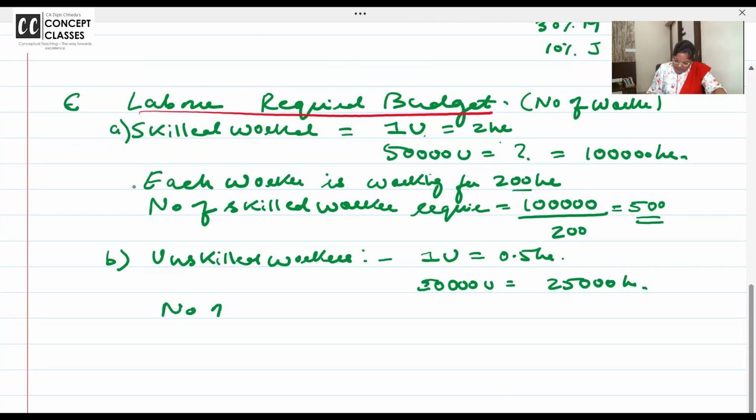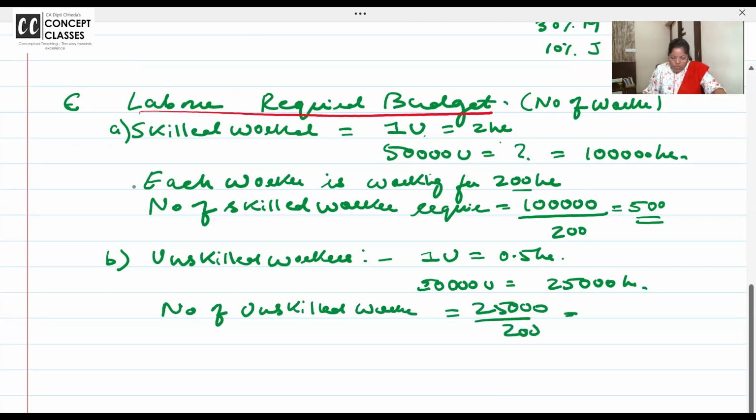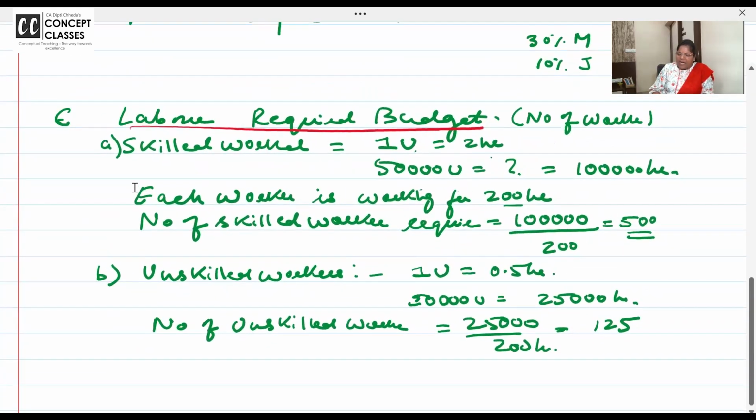And then the number of unskilled workers: because unskilled workers are also working 200 hours, 25,000 hours divided by 200 hours, so we will need 125 unskilled workers. This is your labor budget 5 marks problem, done.